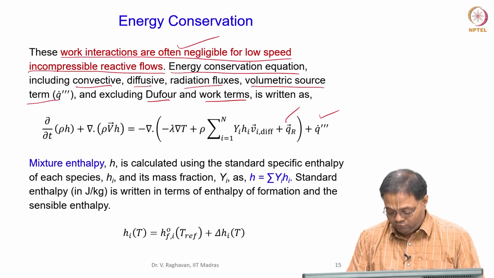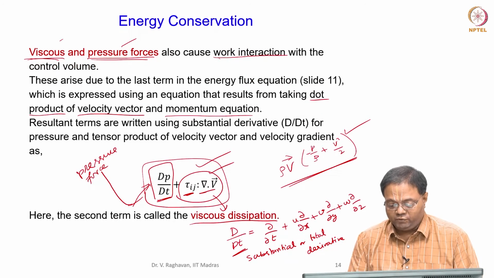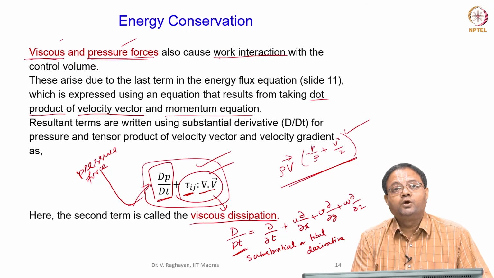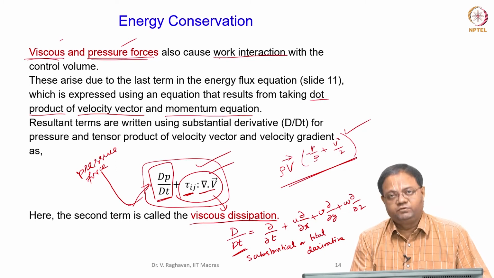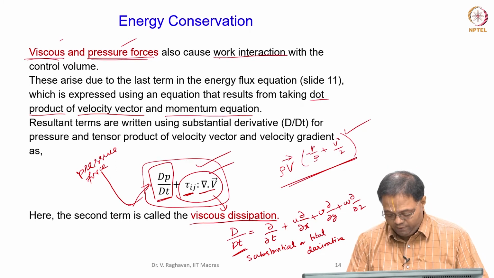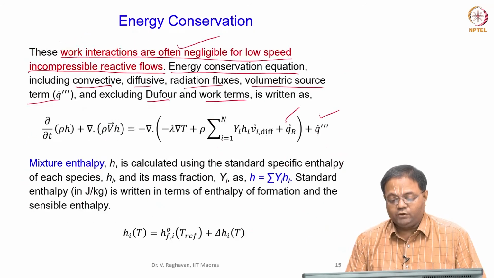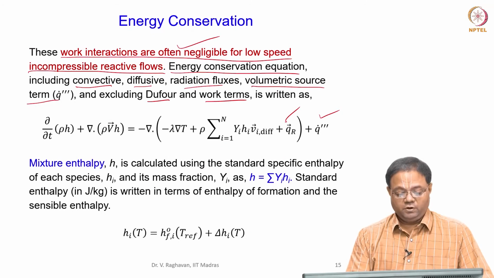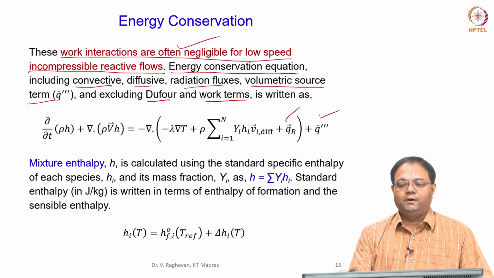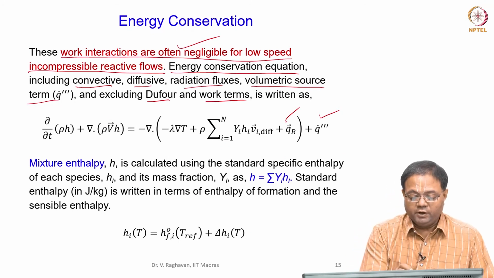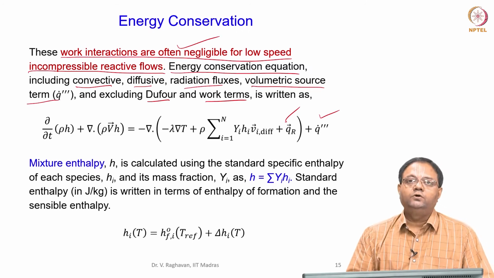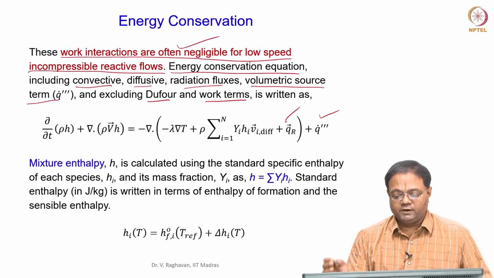If you want, you can add it into this equation. For example, this is the work done due to pressure, the substantial derivative of pressure, and the viscous dissipation term. Similarly, this body force term, these three terms you can add to the right hand side, but I have not added them because for the incompressible low speed flows they are not significant. So I have neglected that.